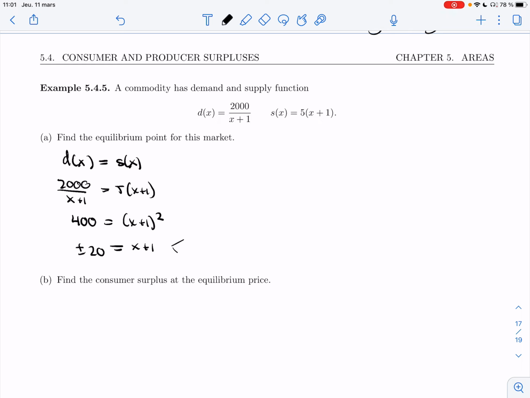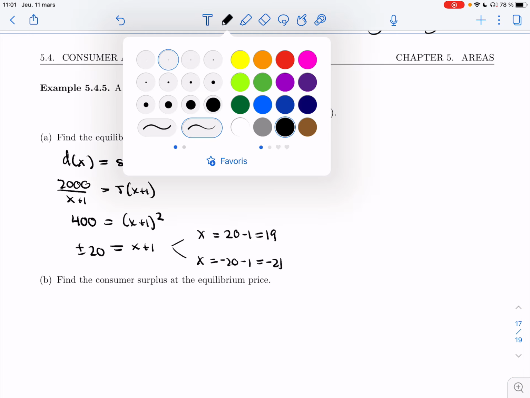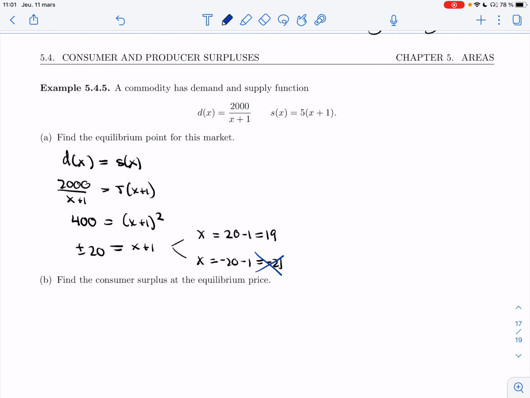And so either x is 20 minus 1, which is 19, or x is minus 20 minus 1, which is minus 21. This one makes no sense. I cannot have a negative number of product being sold. And so the only equilibrium we have is at 19.